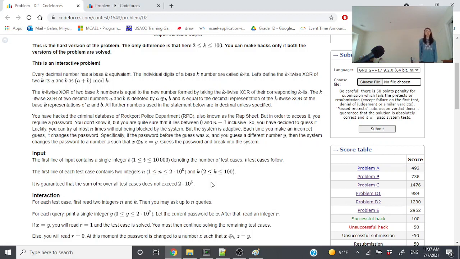So wait. After one iteration, you get essentially y minus x. After two iterations, you get like an alternating series, basically. After two iterations, x becomes whatever the other password was.